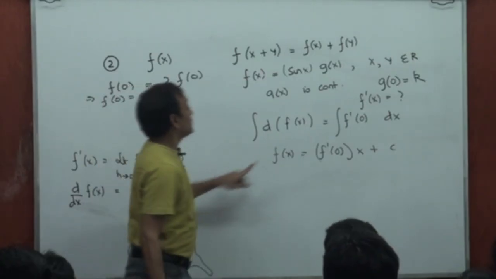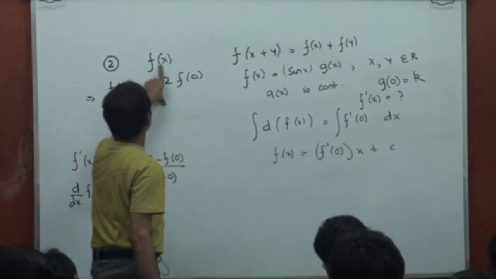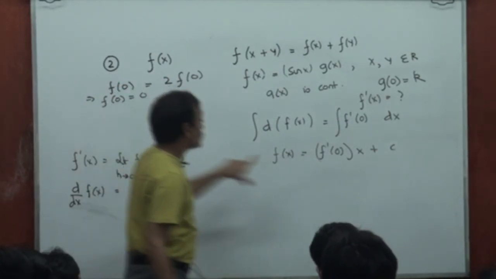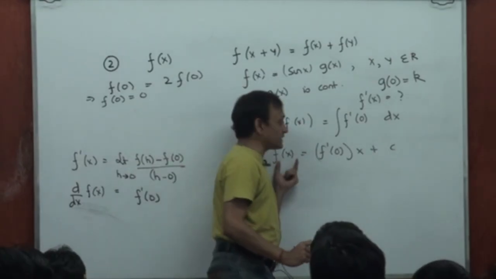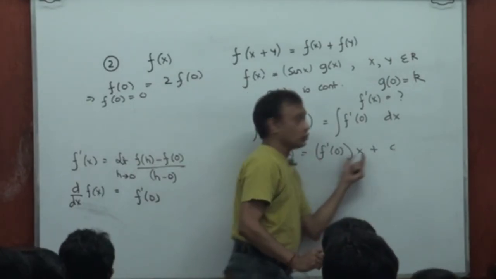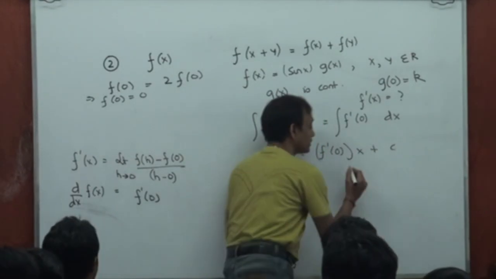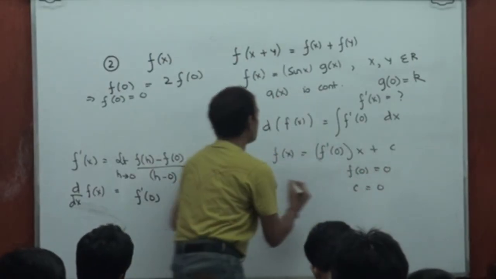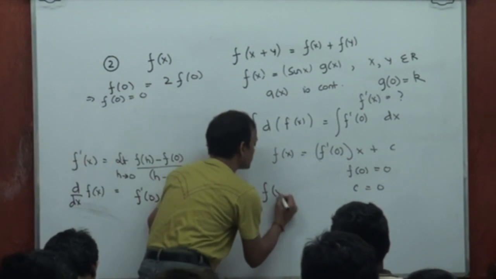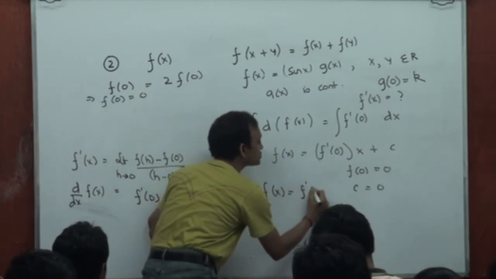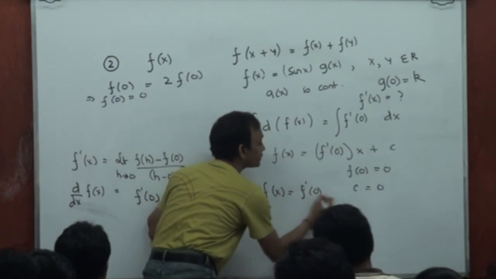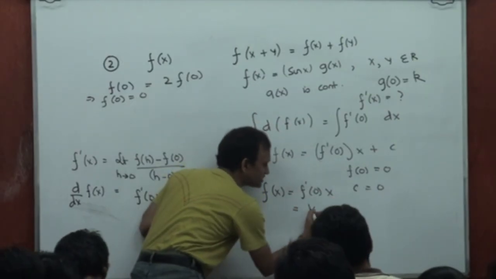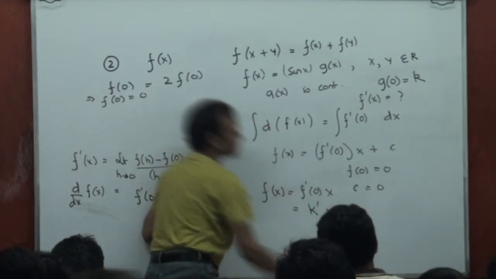But at x equal to 0, f is 0. f(0) is 0. So put x equal to 0, left hand side is 0, so c must be 0. Because f(0) is 0, it leads to c equal to 0. And therefore f(x) has to be of the form f dash 0 into x, where f dash 0 is some constant, k prime, let's say.